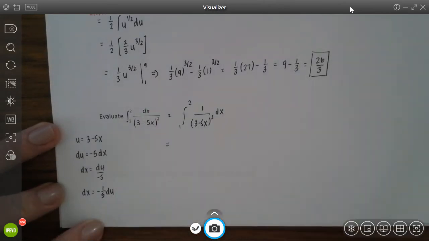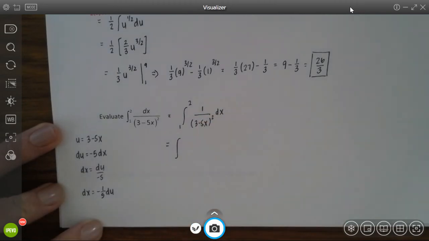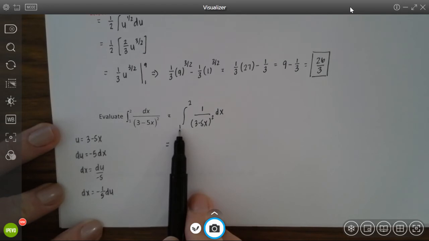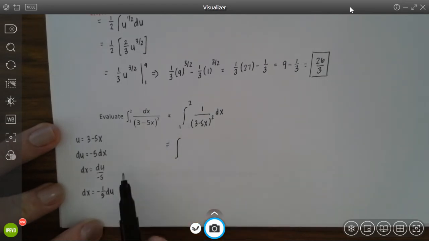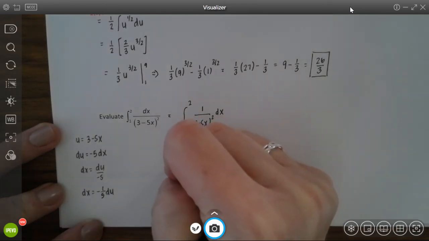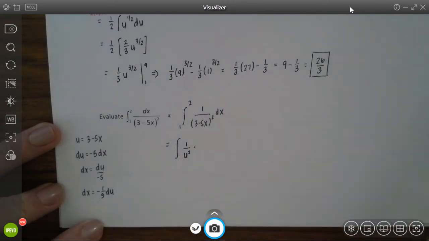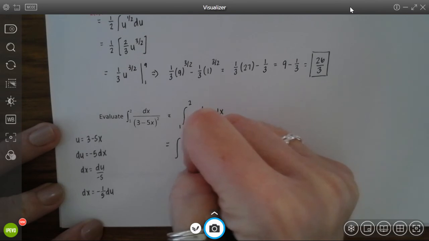So I'm going to go ahead and do my u substitution. And I'm going to again leave off the bounds of the integral for right now, because that's going to change if I want to do my antiderivative in terms of the bounds that I'm going to get from u. So this is going to be 1 over u squared. And then I plug in my dx value, which is negative 1/5 du.